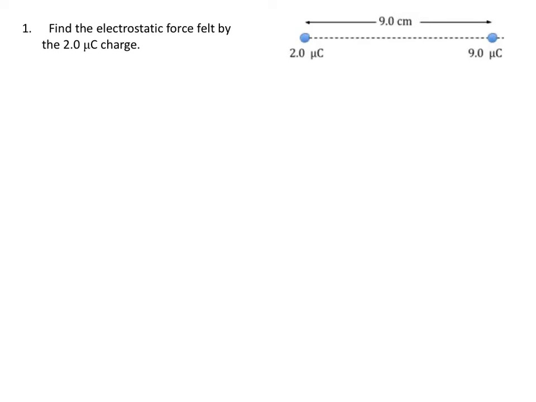So in this case, we have a 2 microcoulomb and a 9 microcoulomb charge, and they're separated by 9 centimeters. So we would use Coulomb's law. Electrostatic force is Coulomb's constant times the values of the charges.